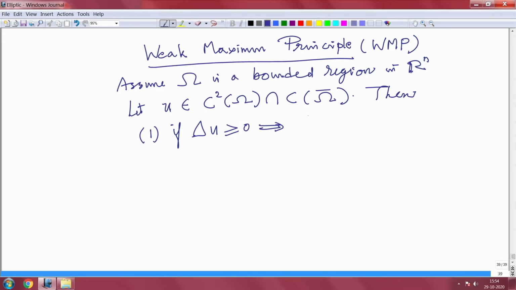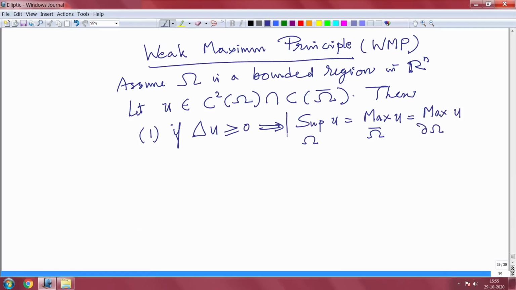So, the supremum of U over the domain omega will become a maximum. Omega is open, so it may not have that, but on omega bar it will have a maximum, and that maximum has to be achieved on the boundary.